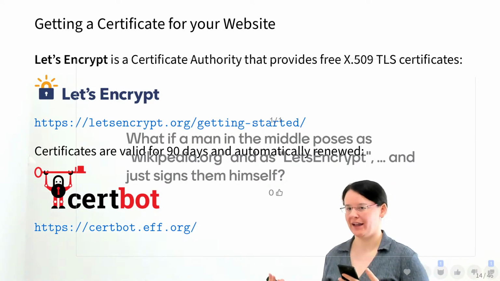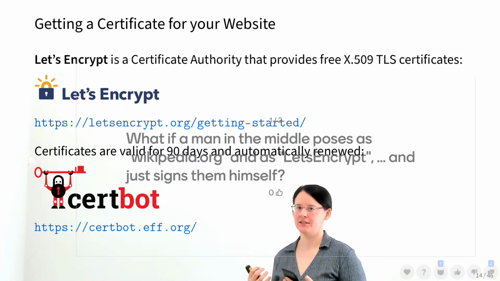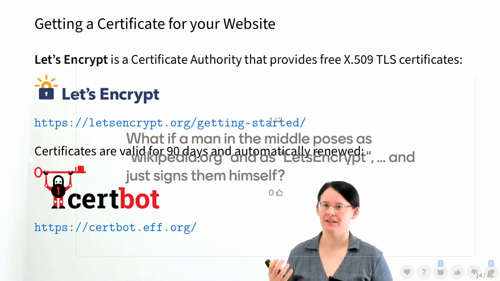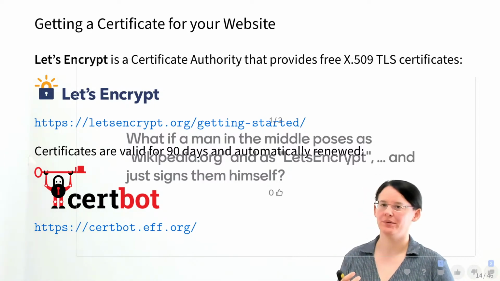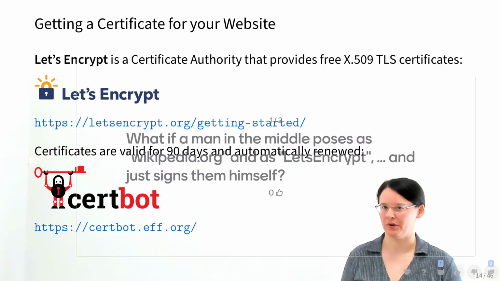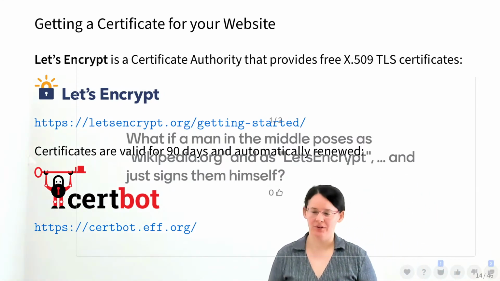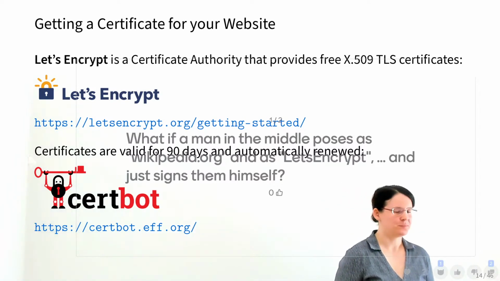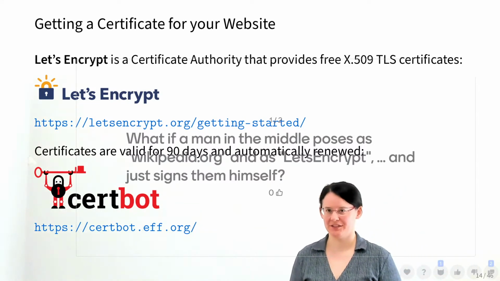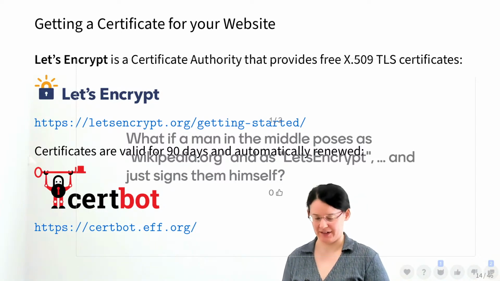If somebody just claims to be Let's Encrypt and self-signs their own certificate and tries to be a root CA, this is prevented because this evil entity would not be included, for example, as a root certificate in your Firefox browser. It would not ship with them, hopefully. There have been a few disputed root CAs included in different systems in the past, but I'm not aware of any big incidents related to that.